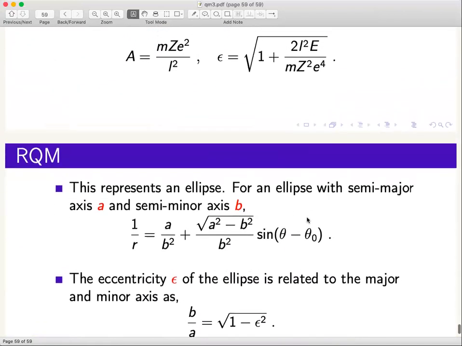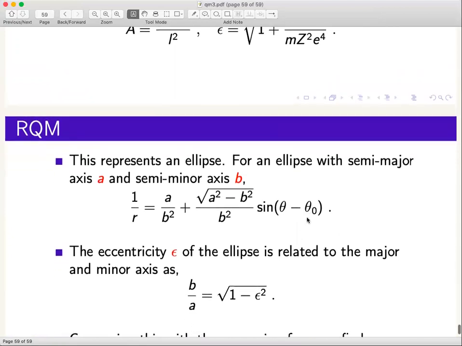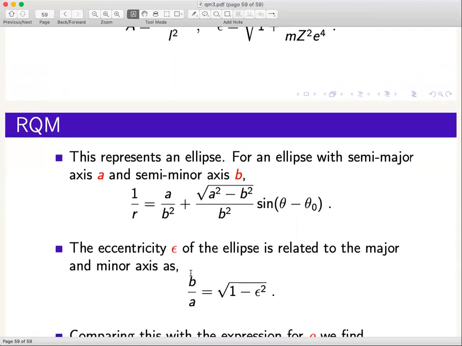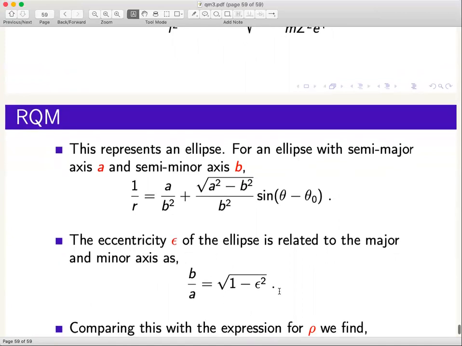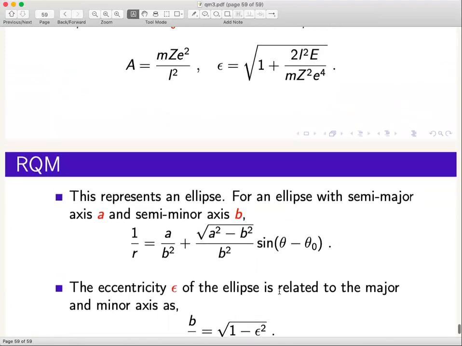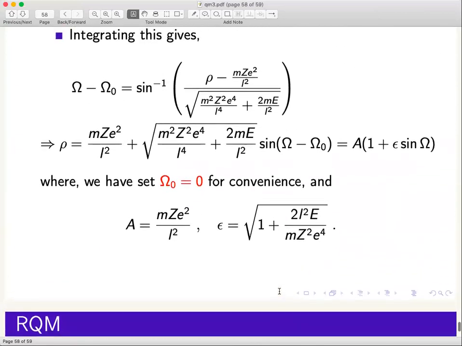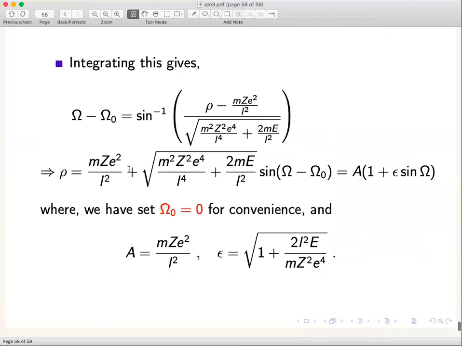Fine. So the eccentricity, of course, is related to the major-minor axis ratio in this particular form, that B by A is square root of 1 minus epsilon squared. And so what we will do is identify this factor to be A by B squared, and this factor to be square root of A squared minus B squared upon B squared.